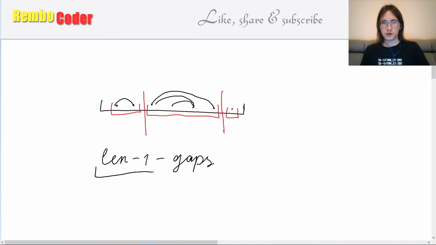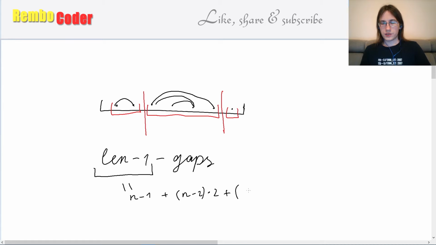Let's separately find the sum of this term over all subarrays of our array, and separately find the sum of all those terms. If the length of the array is n, then it will be n minus 1. If the length of the array is n minus 1, then it will be n minus 2, but there are two subarrays of such length, so we need to multiply it by 2.